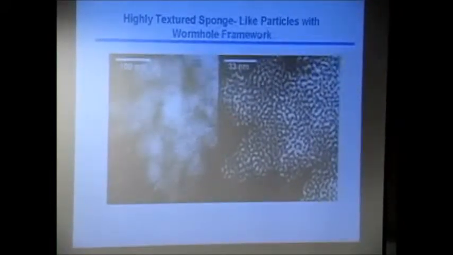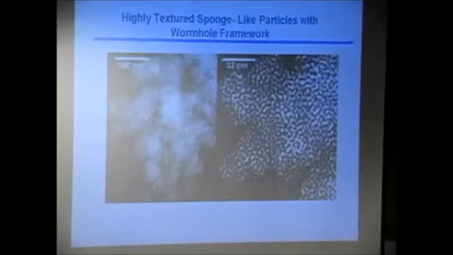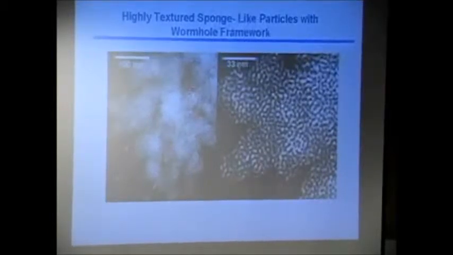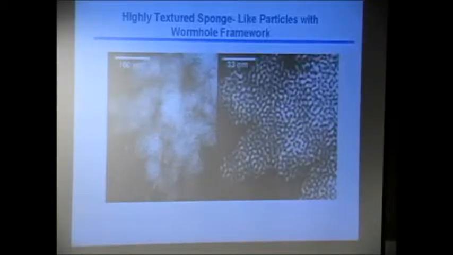That is, not only do you have the framework porosity generated by the surfactant, you have intrinsic to the particle these what we call textural pores, and they're also meso in size, that very much affect the accessibility of the framework structure.